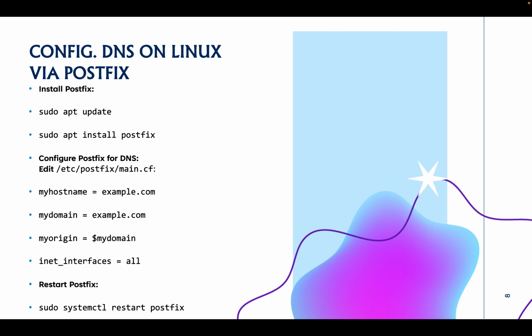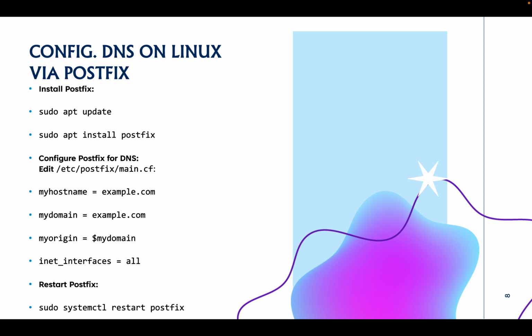So to configure DNS on Linux via postfix, we would first install postfix. We would do this by sudo apt update and then sudo apt install postfix. We would then configure postfix for DNS. We would do this by editing the etc postfix main.cf. myhostname equals whatever you want it to.